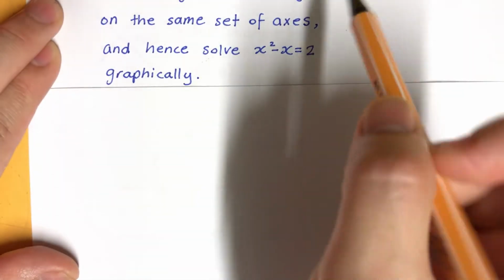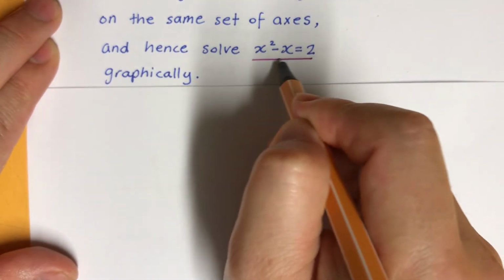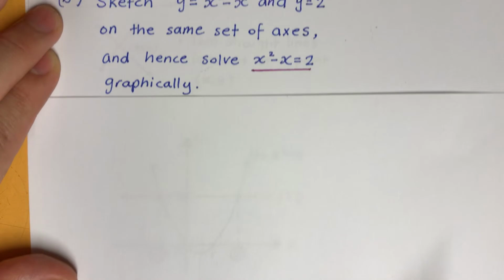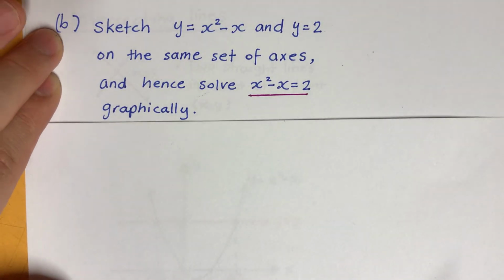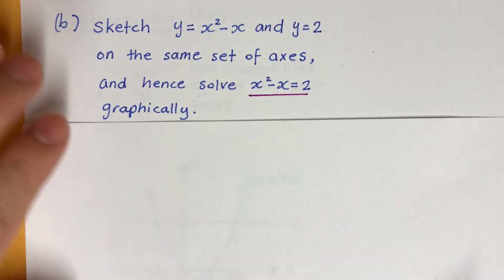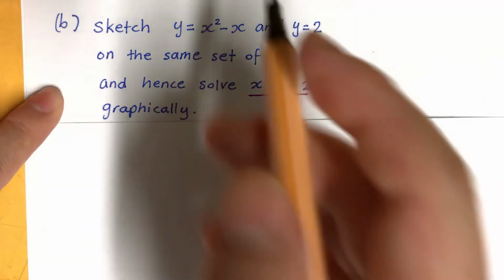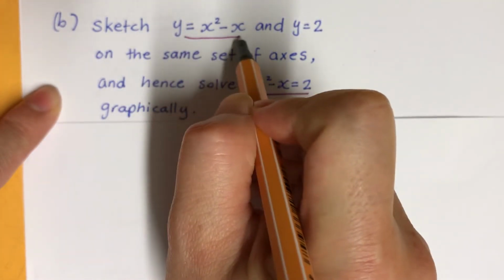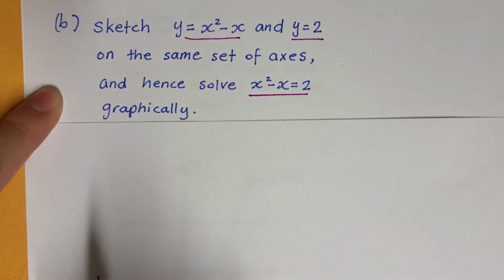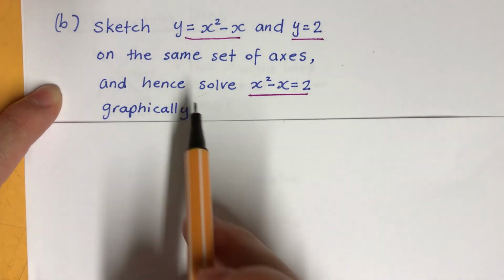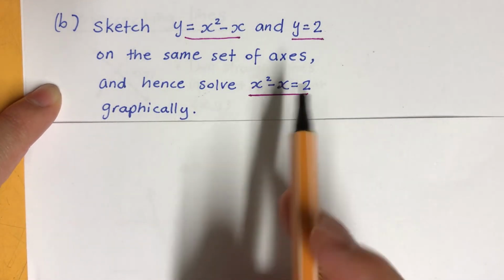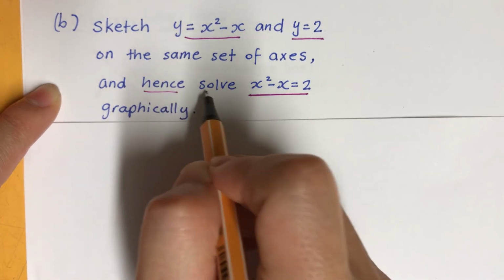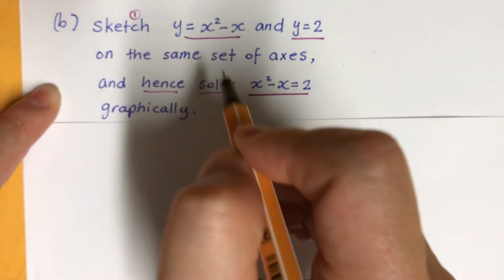So this means it's just putting together, really. Like in part A, we had to put two together. So this will be putting this together. So first we graph them separately, and then we put them together to solve it. So again, we've got to do two things.